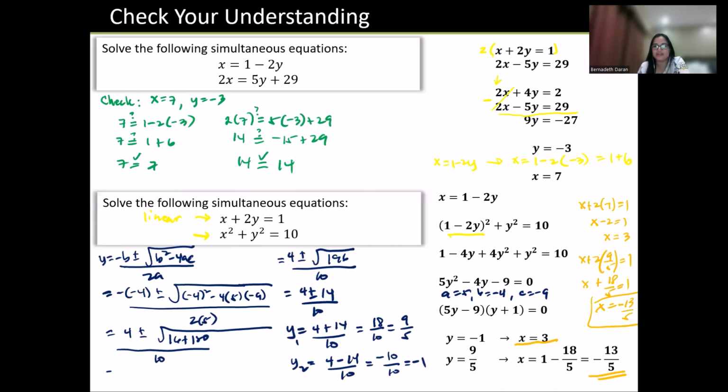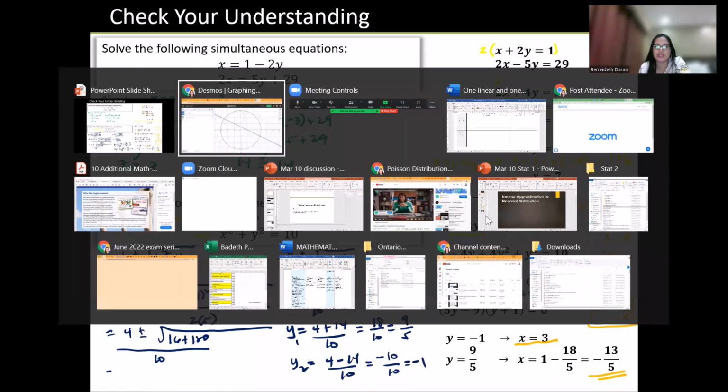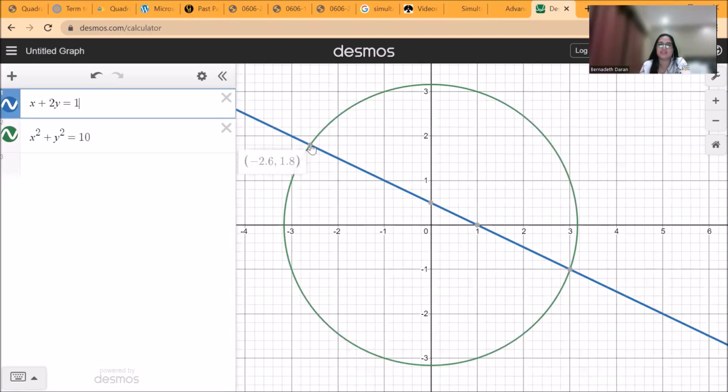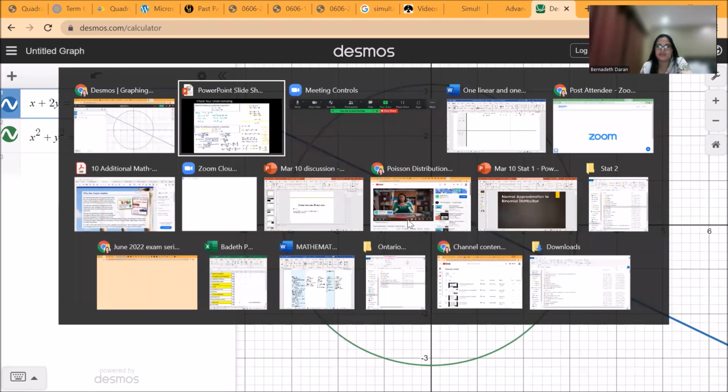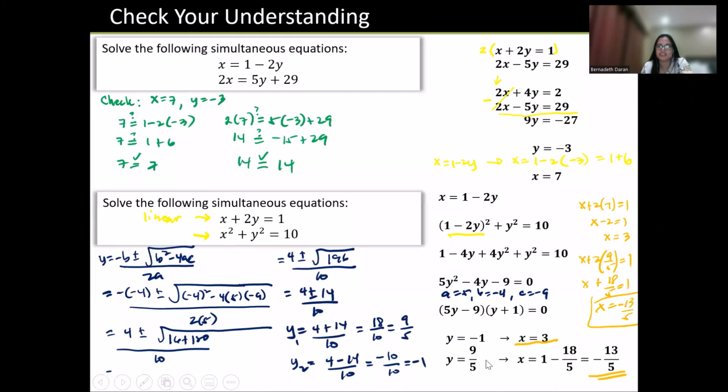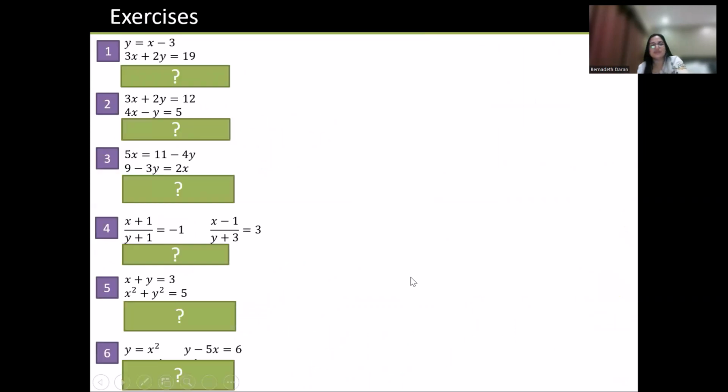And there you go, we have 3, negative 1. How about the other point? This one is negative 2.6 and 1.8. Okay? So we are consistent, right? Graphically or algebraically.